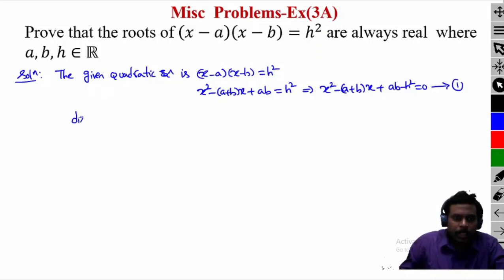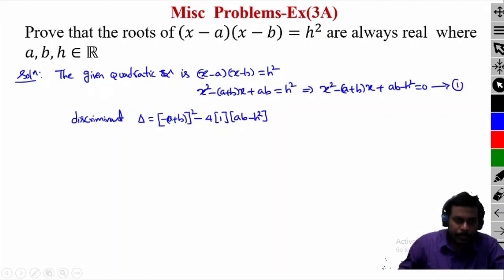So discriminant delta is equal to b square minus 4ac, that is minus of a plus b whole square minus 4 into a, that is 1, into c here is ab minus h square.